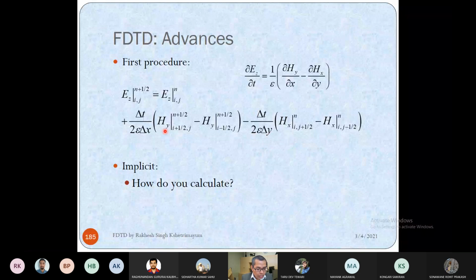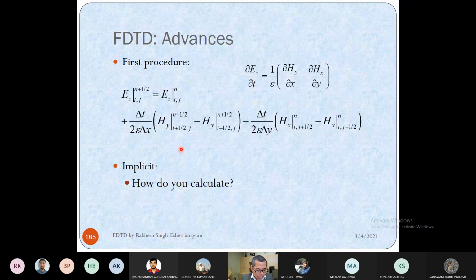For x, the running index is i, so it will be integer, and the remaining running index will be non-integer. So you have i plus half and i minus half, with j, divided by delta x. This is the partial derivative with respect to x. And this is the partial derivative with respect to y: i comma j plus half and i comma j minus half, divided by delta y. So that is the update equation you have for del Ez by del t.